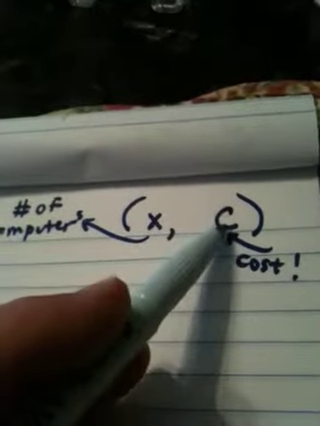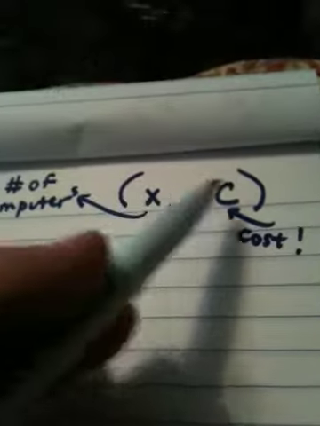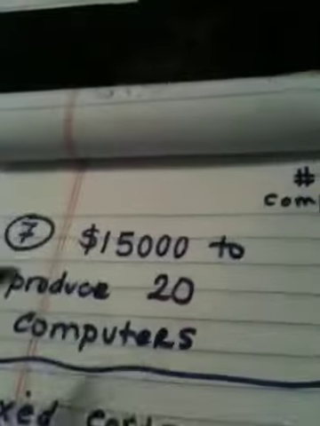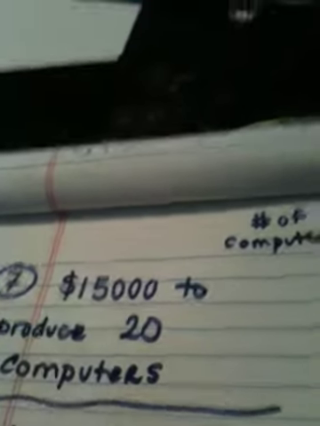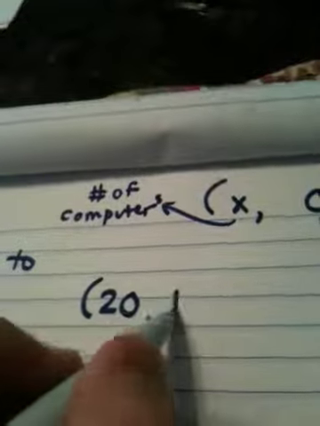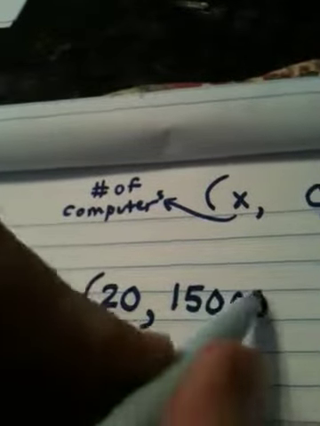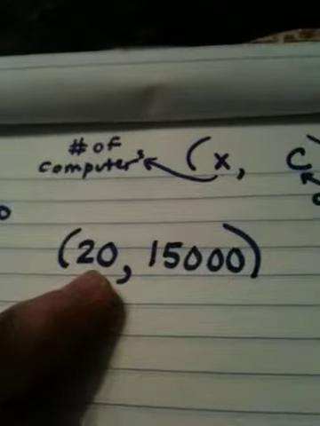So here's your legend: cost comes out, X goes in. The number of computers goes in, the cost comes out. If I'm producing 20 computers at a cost of $15,000, that would be the ordered pair (20, 15,000). Number of computers goes in, cost comes out.